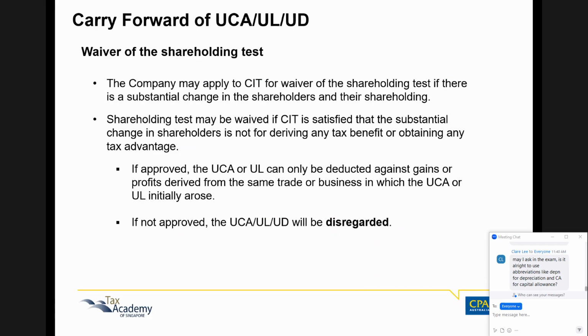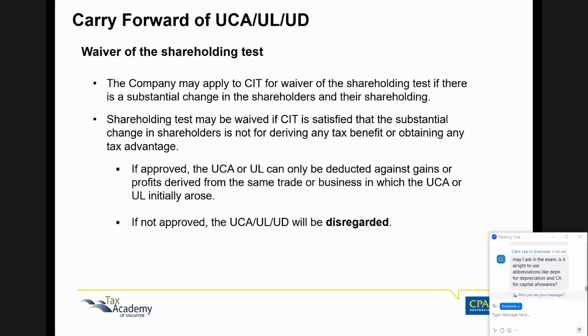So remember, if your shareholding change is more than 50%, then you cannot use your unutilized UCA or UL. But you can actually request a waiver of the shareholding test. This is where there's a substantial change, and the company asks the controller to waive this test.